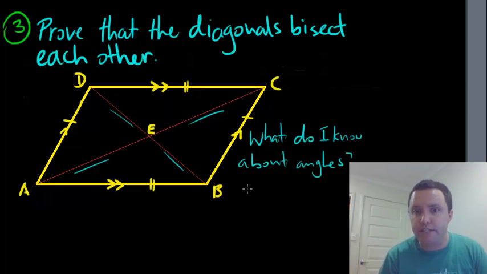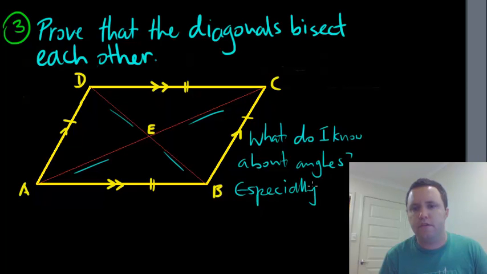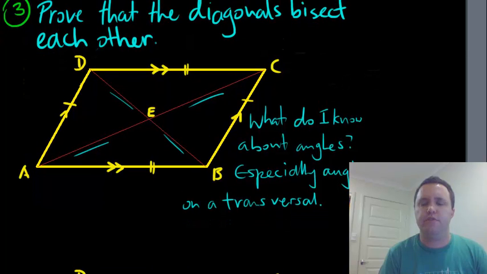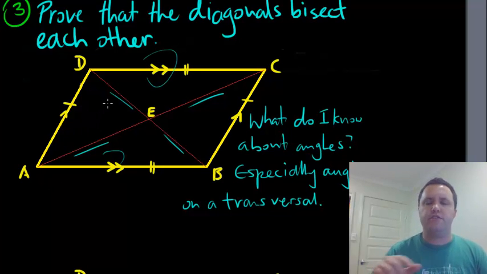Okay, especially angles on a transversal. Okay, so remember when we've looked at before at angles on a transversal, so across parallel lines especially, because since we've got what? Parallel, those kind of things go bing, ding, ding in your mind straight up.